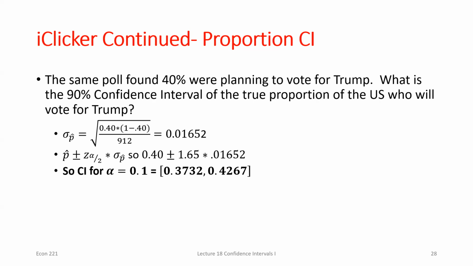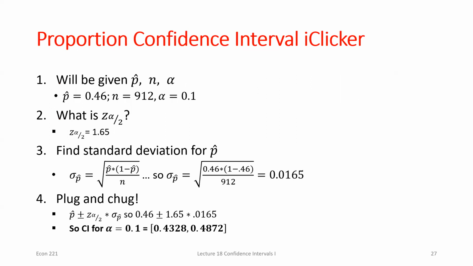I then look at Clinton's, which was 0.4328 and 0.4872. So the true proportion of people who were going to vote for Clinton was somewhere in that range. So with 90% confidence, what could I say here?